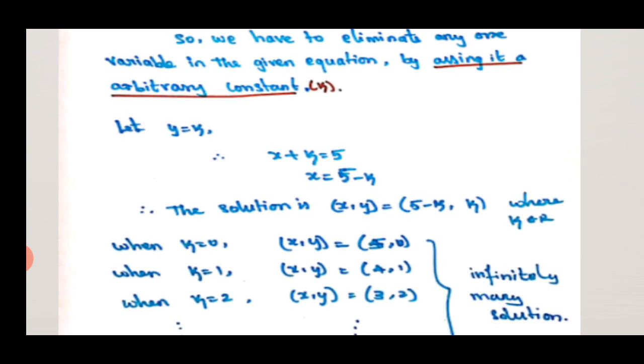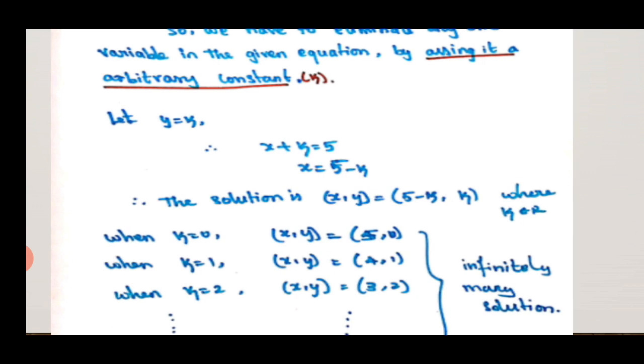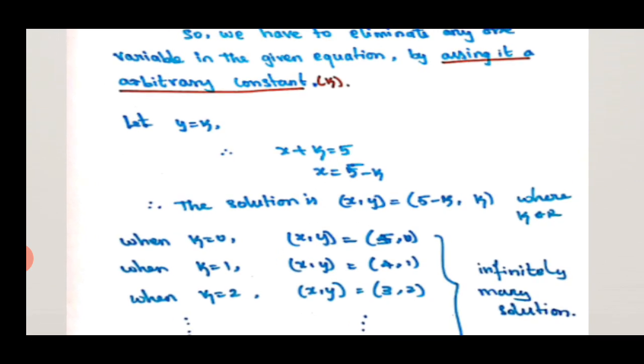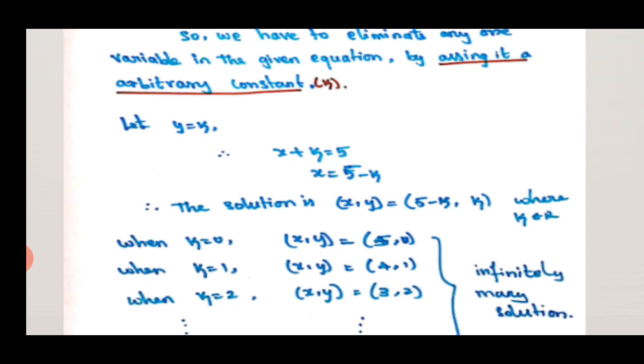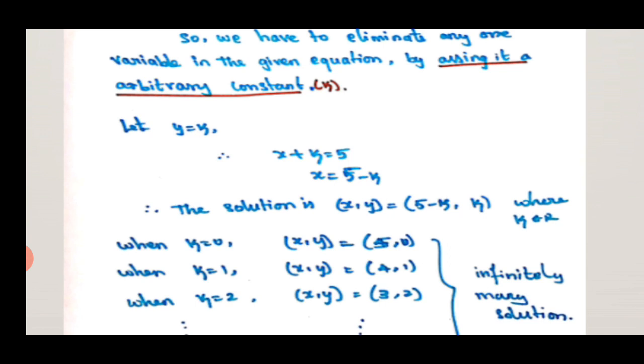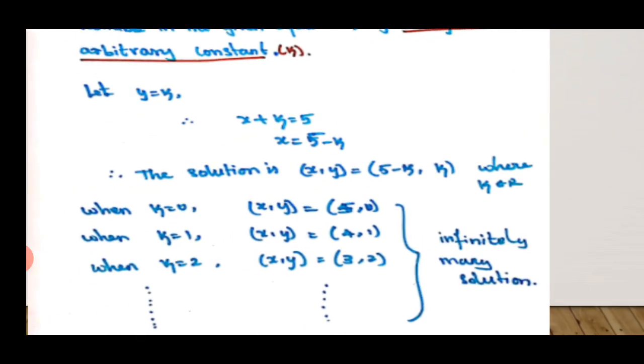First I apply 0: I get 5 minus 0, that is 5, and in k's place I get 0. When I apply k equal to 1, I get 5 minus 1, that is 4, and in the k place I get 1. So the solution is 4 comma 1. Like that I can apply a lot of values for k, because k is any constant, so you can apply any real number. So how many real numbers can you apply?